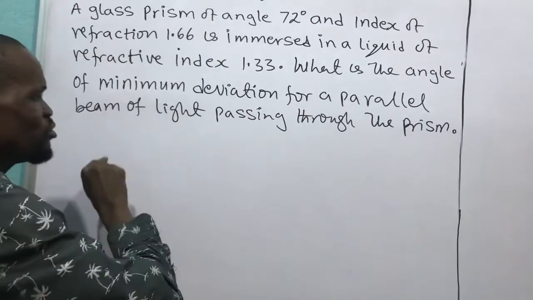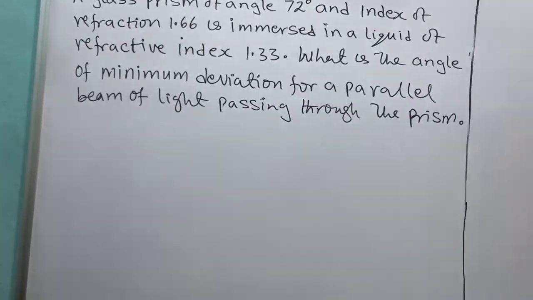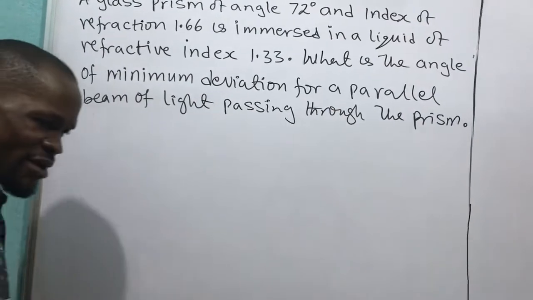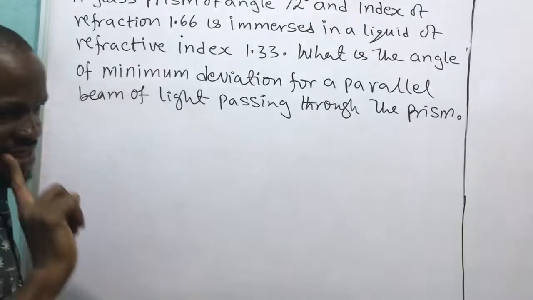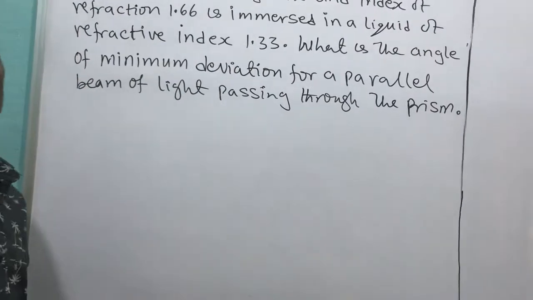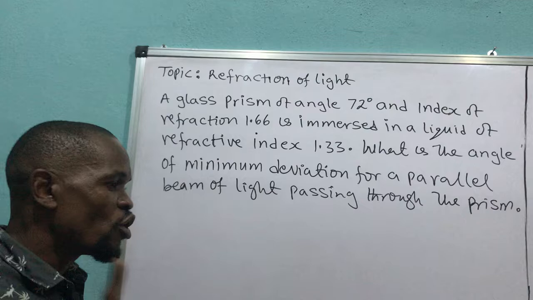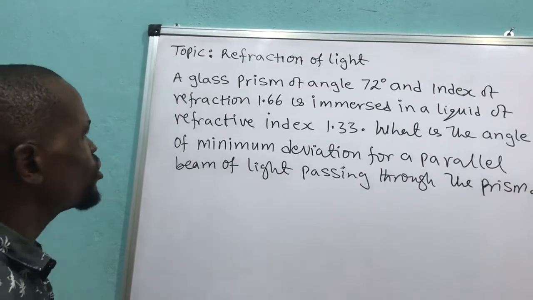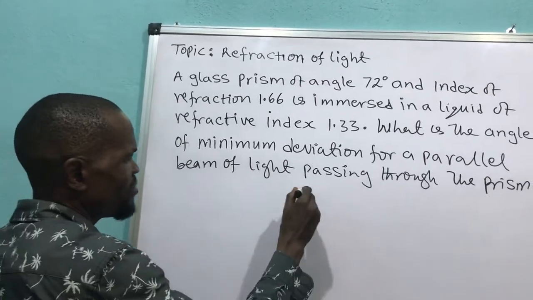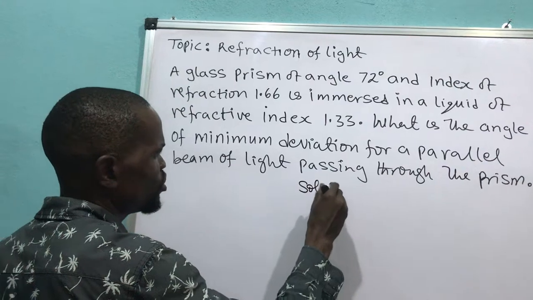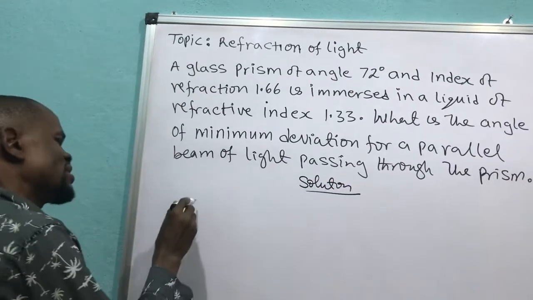For this parallel beam to pass through the prism symmetrically, or parallel to the base, means that minimum deviation occurs. That's one of the conditions for minimum deviation to occur in a prism. Then let us go to the solution.